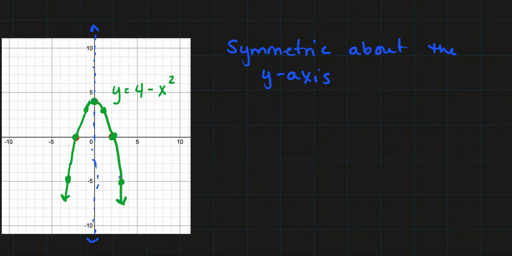So if you fold it and the graph lines up on both sides, like folding it in half, you'll just get this piece here, then it is symmetric about the y-axis.